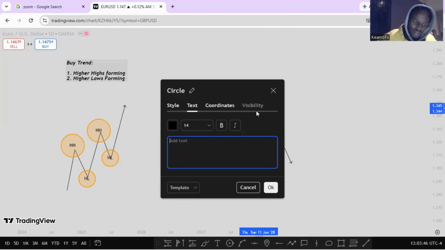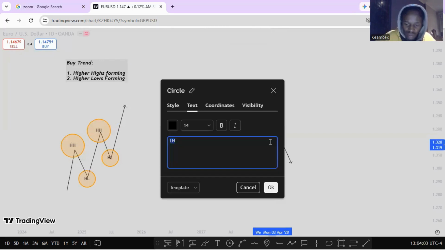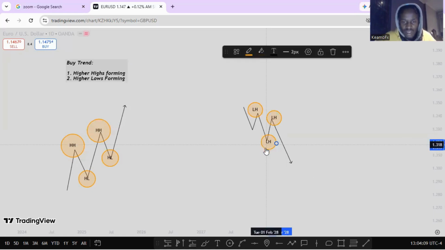There are your lower highs, right? Lower highs. And then we have lower lows, lower lows, lower lows.